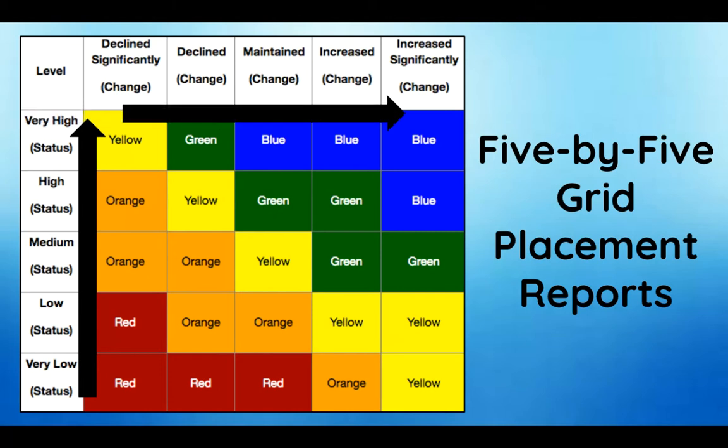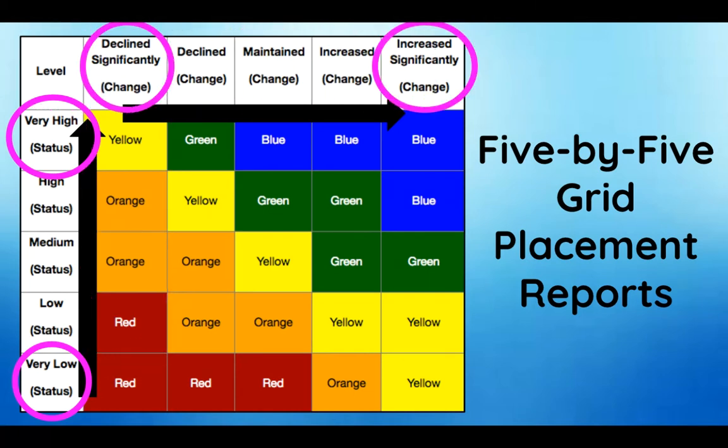Change, which is shown horizontally, is the difference between performance from the average of the previous year's data and the current year's data. As you can see from the table, there are 5 status levels ranging from very low to very high, and 5 change levels ranging from decline significantly to increase significantly.